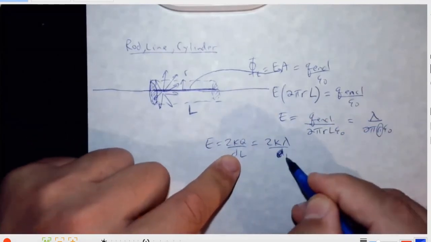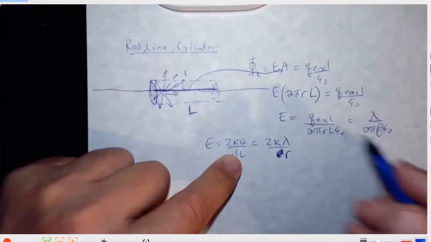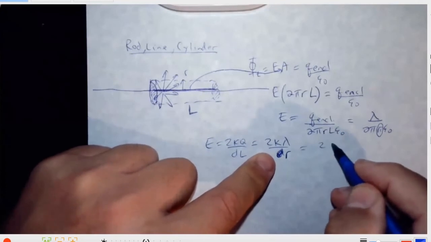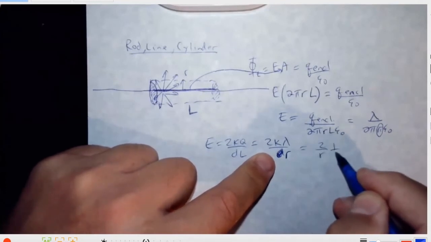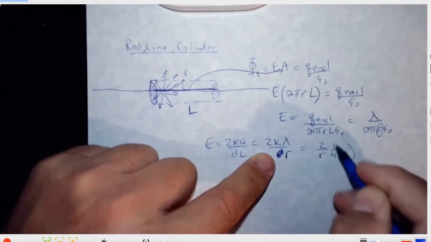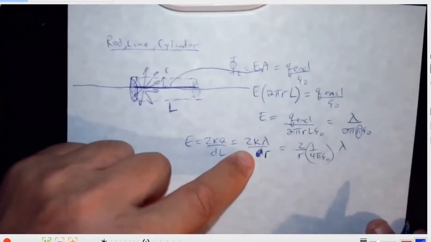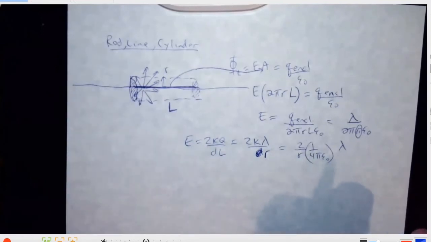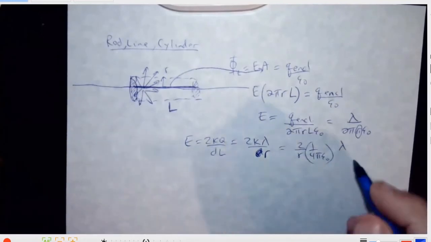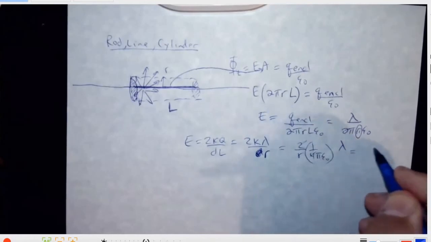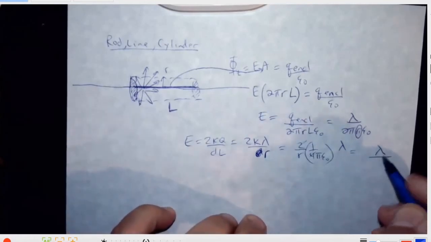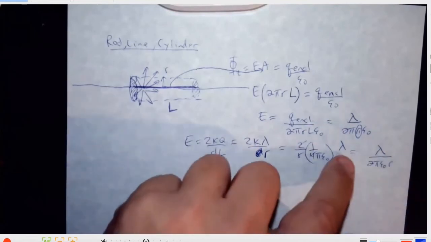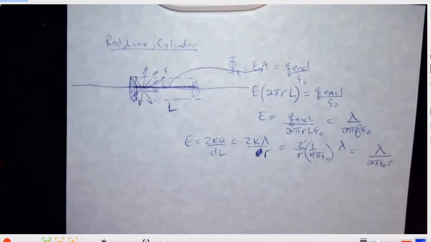So we can just replace that by R. So then what's K? K is written as 1 over 4 pi E0. There you have it. Lambda over 2 pi E0 R. There you have it, identical, exactly identical.